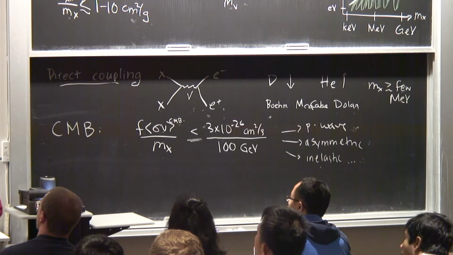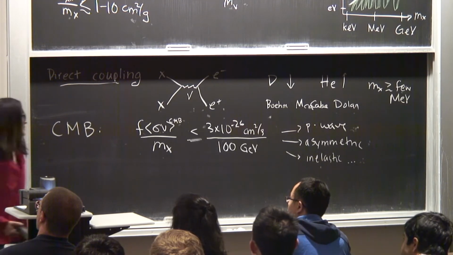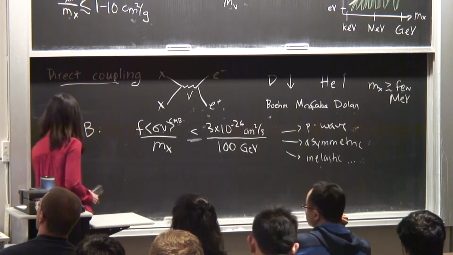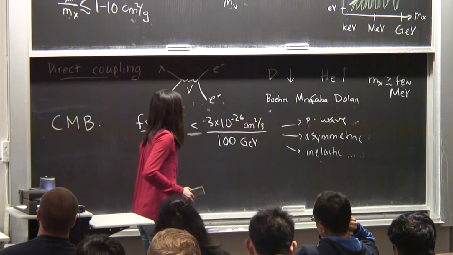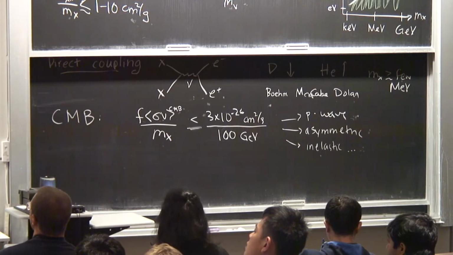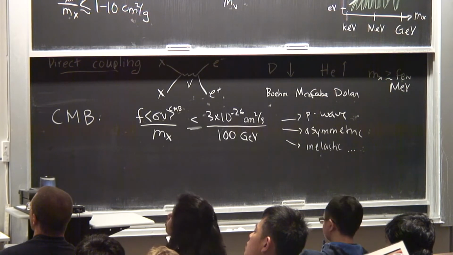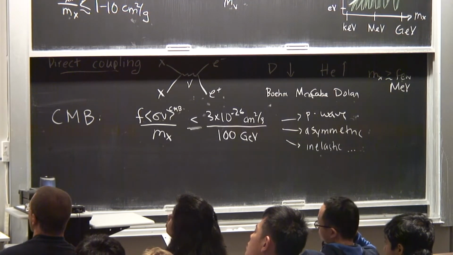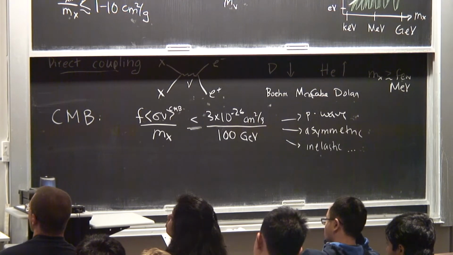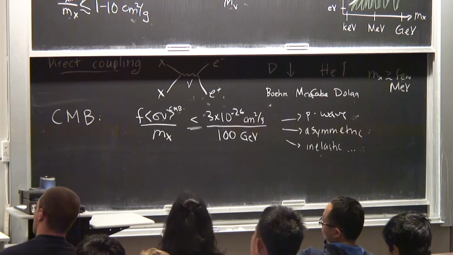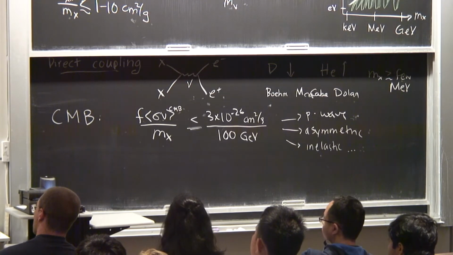Okay, so these are the broad considerations for the cosmology of the direct coupling scenario. So far I've been very agnostic, or just general, about what I mean by direct coupling. So the next part, we want to start being a little bit more specific and talk about what possible portals there are.